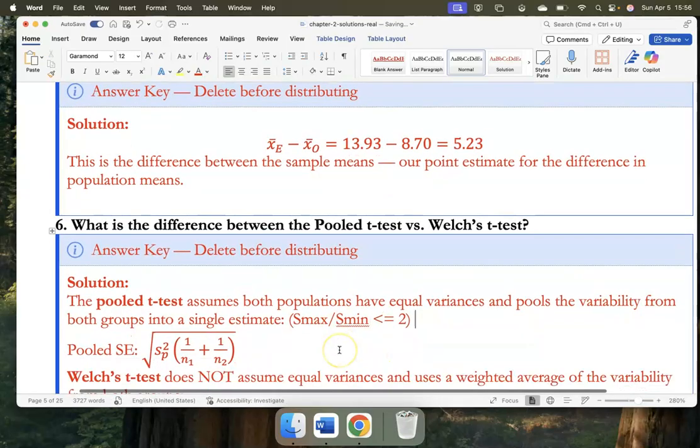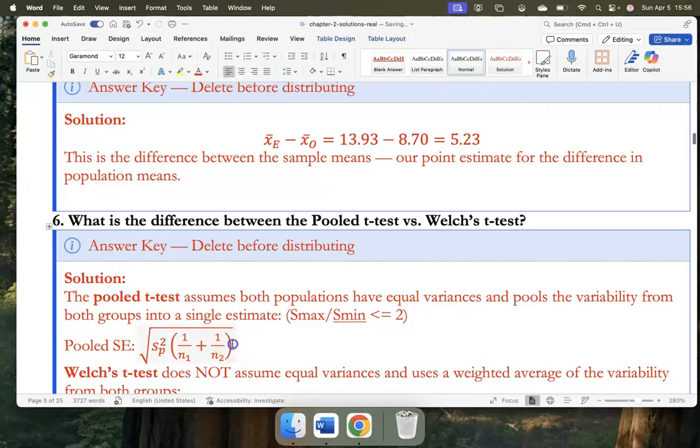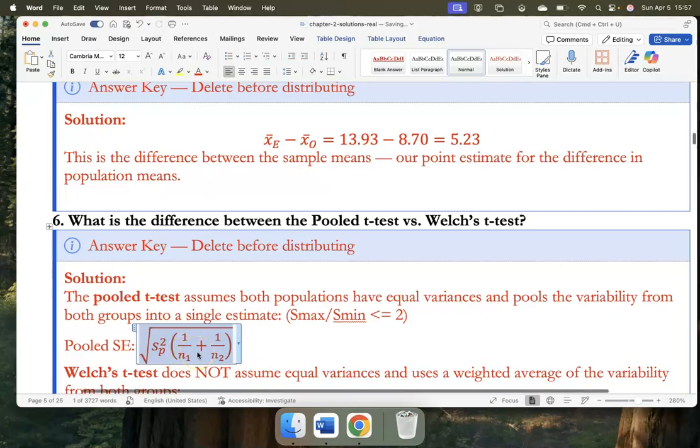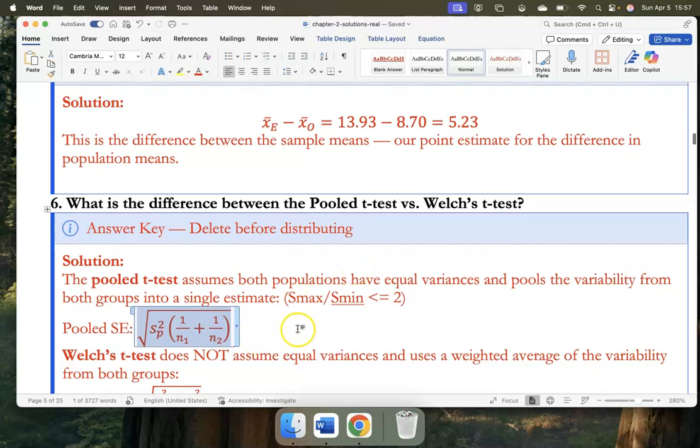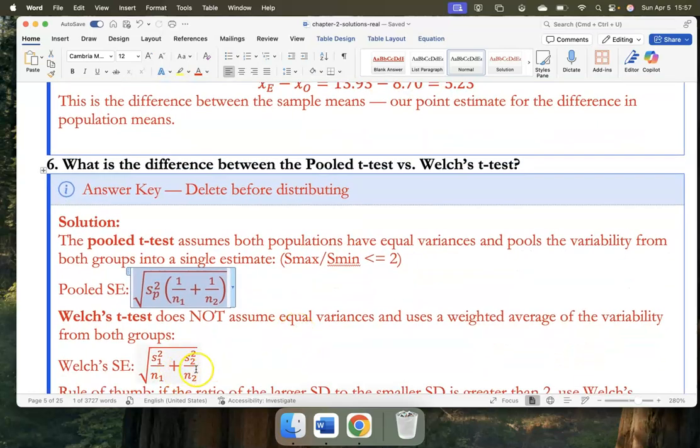And so we're able to make the right decision regarding the null when we use a pooled standard deviation, when we do a pooled t-test. When they're not approximately equal, we use a weighted test, what we call the Welch's t-test. This is a weight between both of the variances.